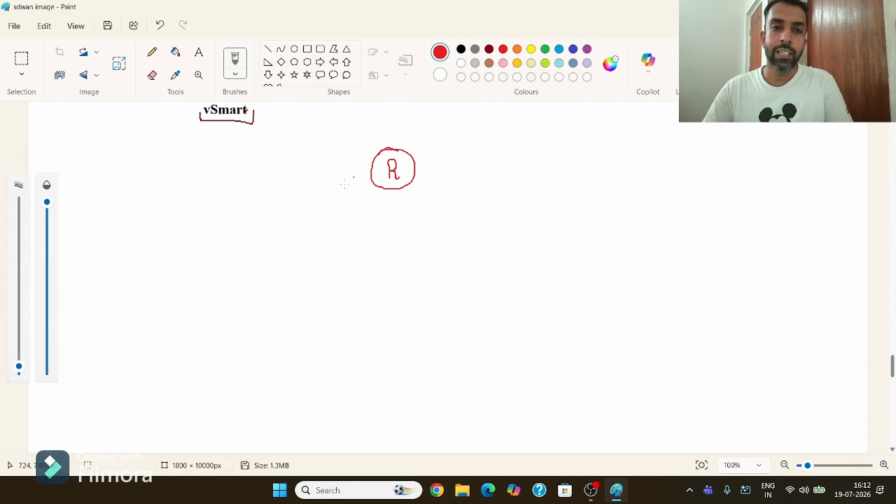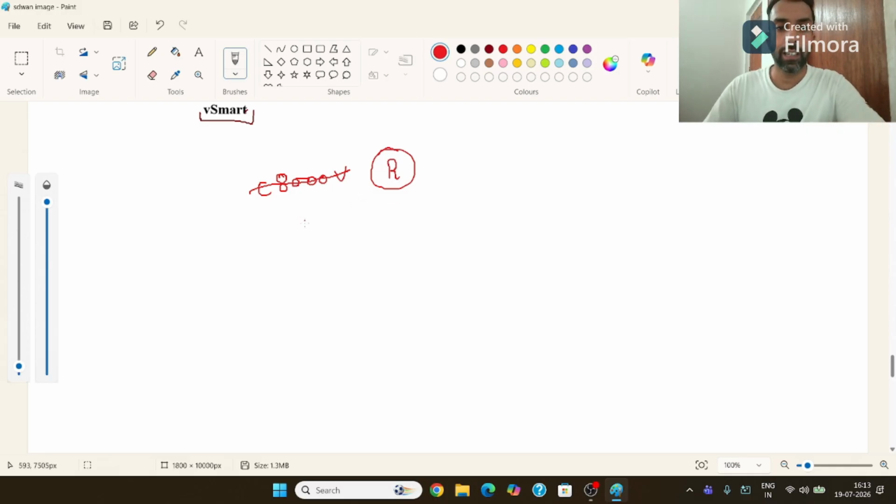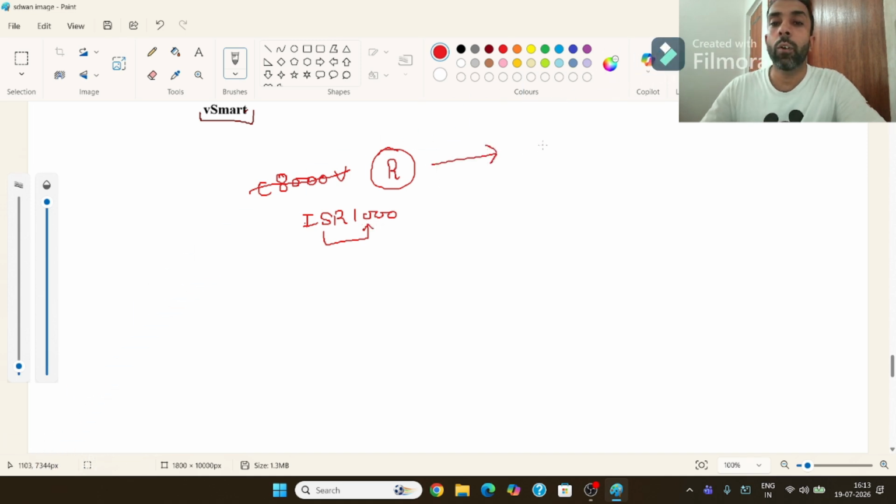This router is a C8000V device, or maybe let's say it is not a virtual device, it is a physical router. Physical router, let's say ISR 1000 series device. Now, this router will be by default in a mode which is known as autonomous mode.